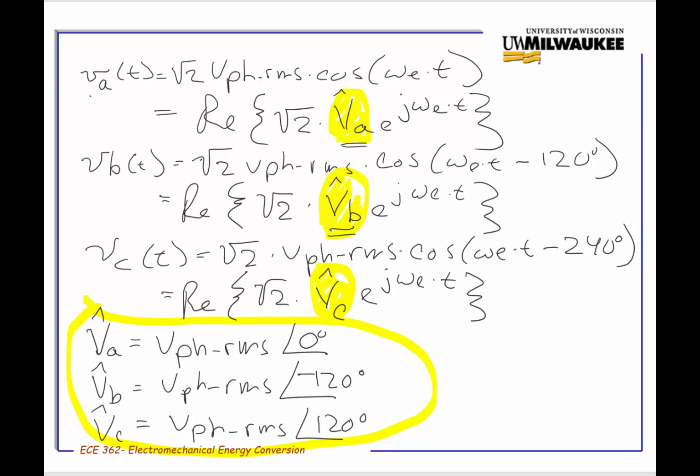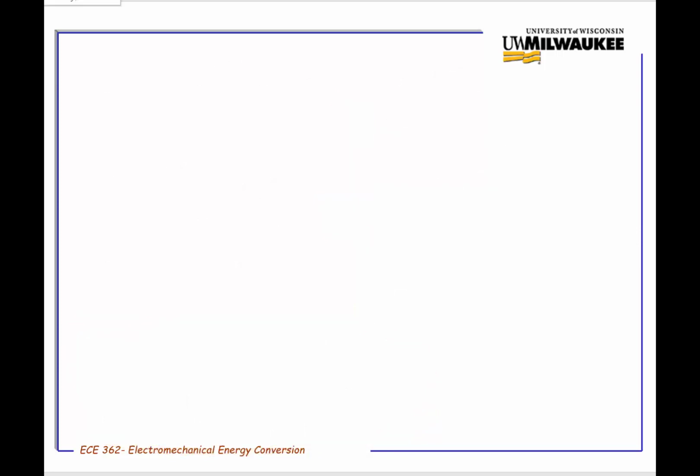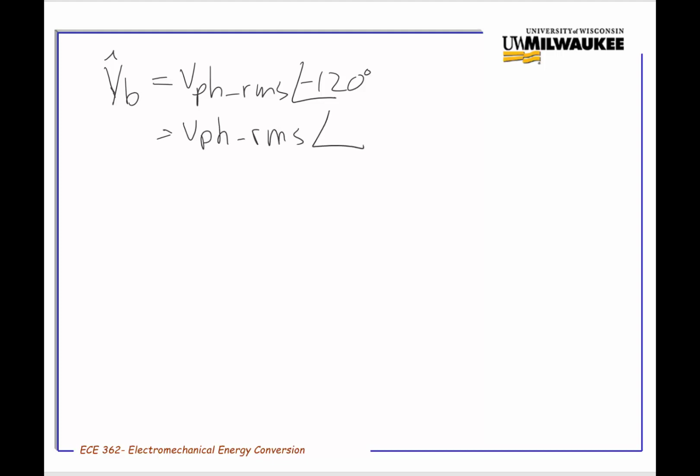I want to make another thing though clear to everyone very briefly. So if we have a phasor VB equal to V phase RMS at negative 120 degrees, if we were to write this as V phase RMS at 240 degrees, that's the same thing because of the 120 degree symmetry.